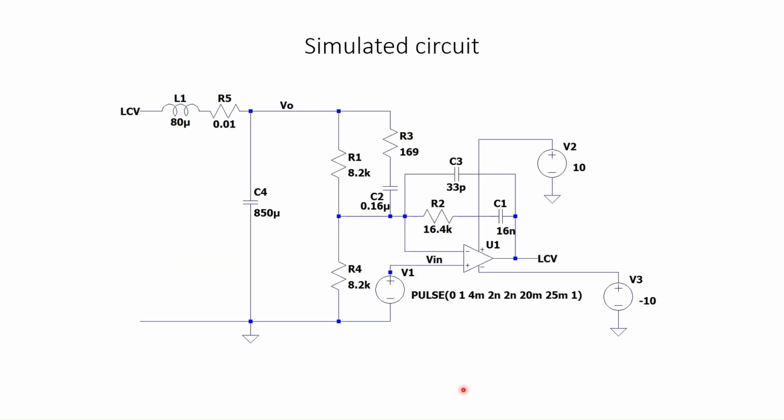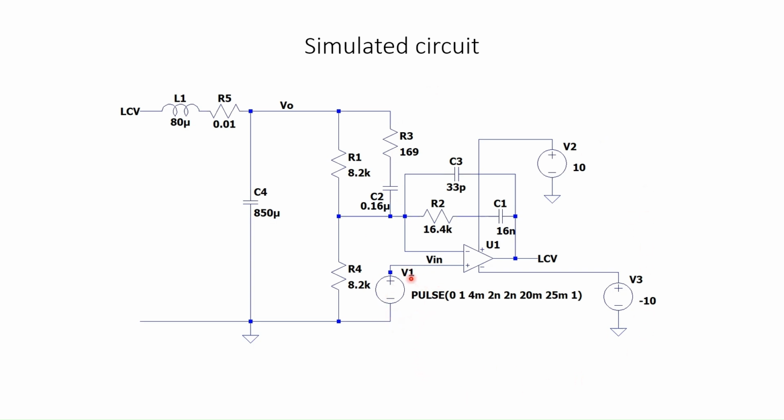This is a simulated circuit. This is the op-amp. The op-amp has been modified so that it can drive the LCR circuit. Whatever current is required, it can provide that much current. And this is the LCR circuit, and the output voltage is divided by this network and given to the type 3 compensator circuit.